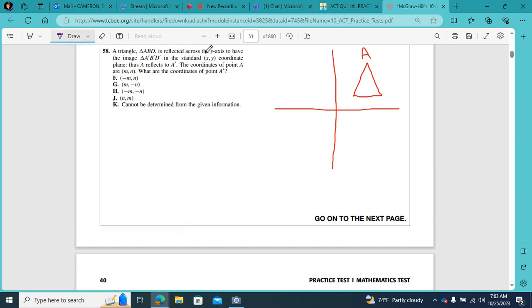Then my keyword is that the triangle gets reflected across the y-axis. So this is my y-axis. So if I took my y-axis and I folded the coordinate plane in half, this point A would fold over like this, and A prime would be up here.